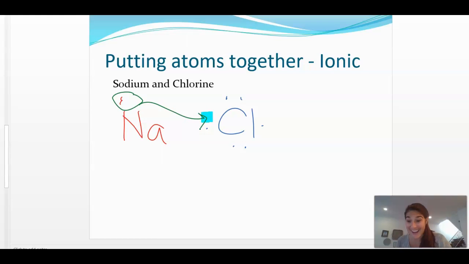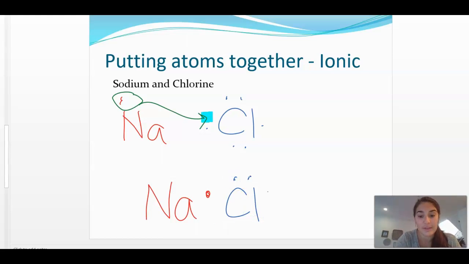You've probably heard of NaCl. That's something a lot of us have heard of before this class. Literally you have Na, which has given its one electron, and then you have chlorine, which had 1, 2, 3, 4, 5, 6, 7. If you put your hand over the sodium, you will see the chlorine now has 8 dots around it.